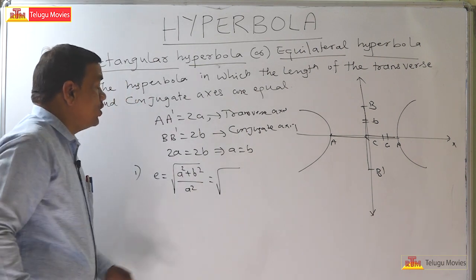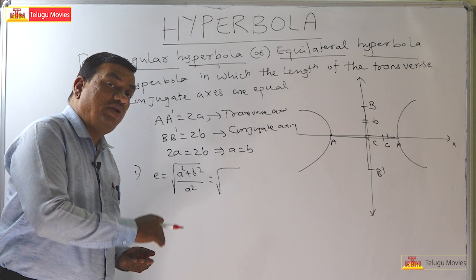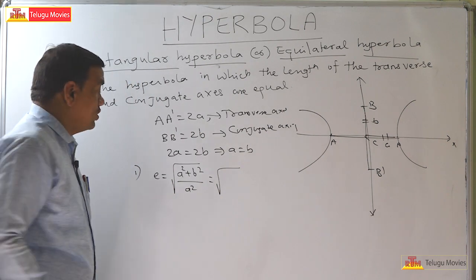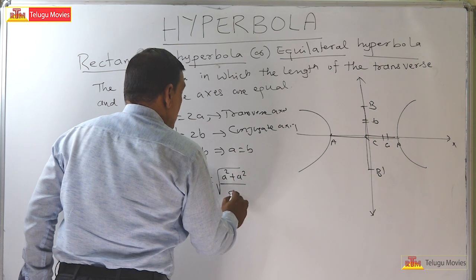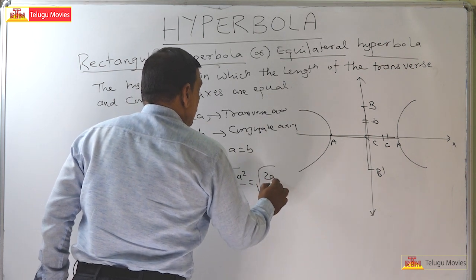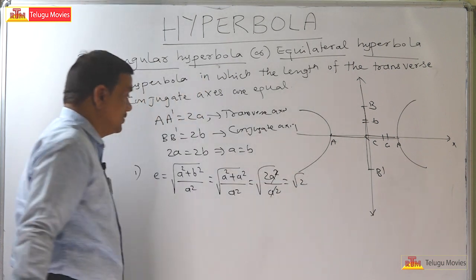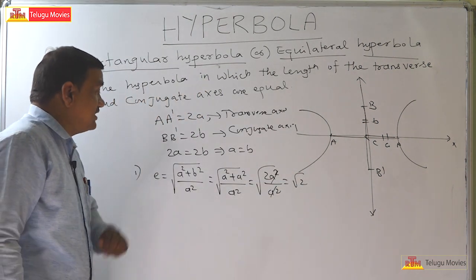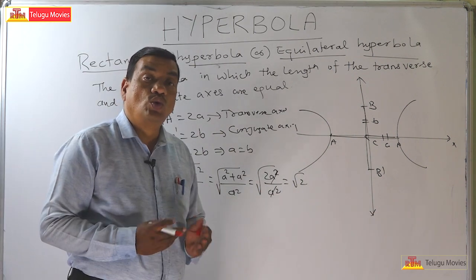Since A is equal to B, in place of B substitute A. So it is root of (a square plus a square) by a square, which is equal to 2a square by a square. A square cancels, giving root 2. Therefore the eccentricity of the rectangular hyperbola is root 2.